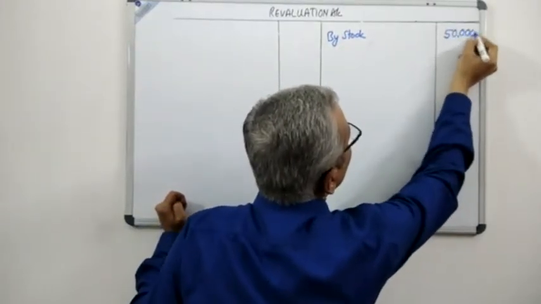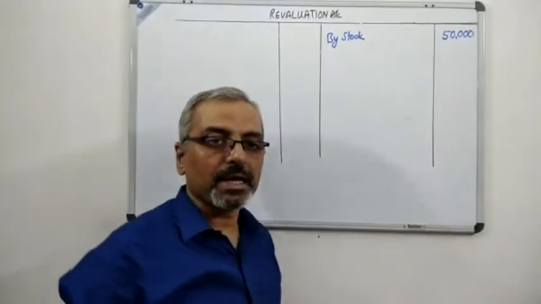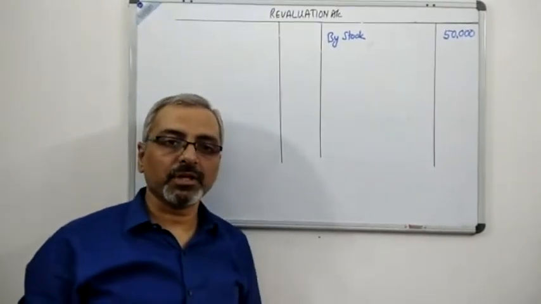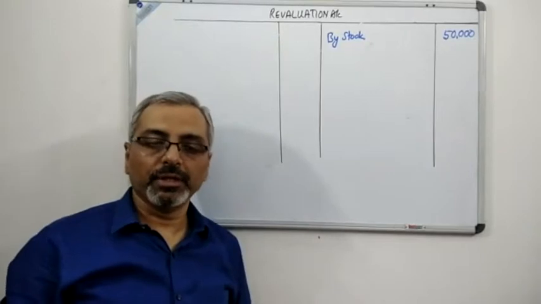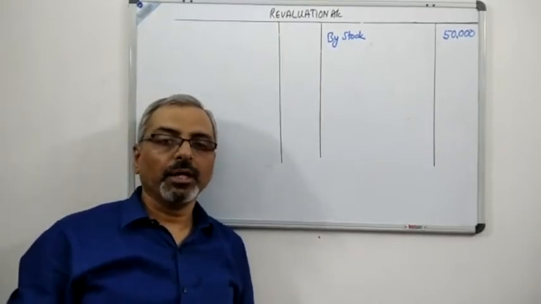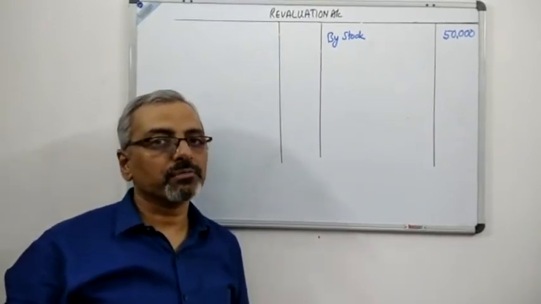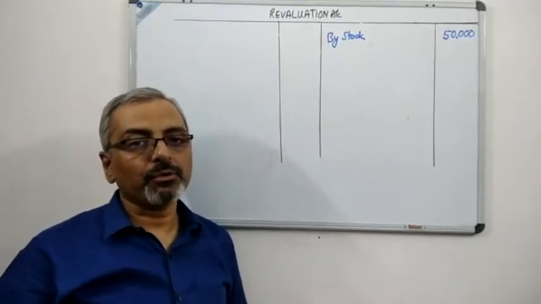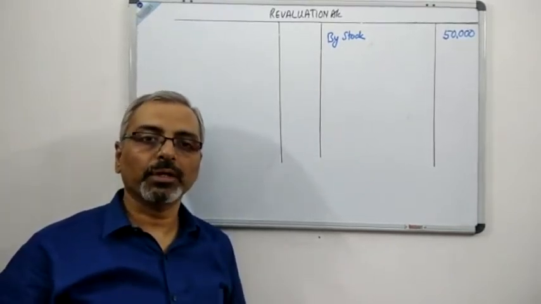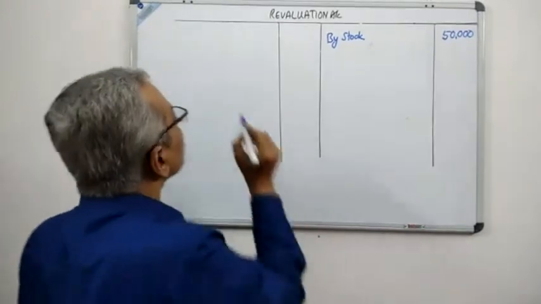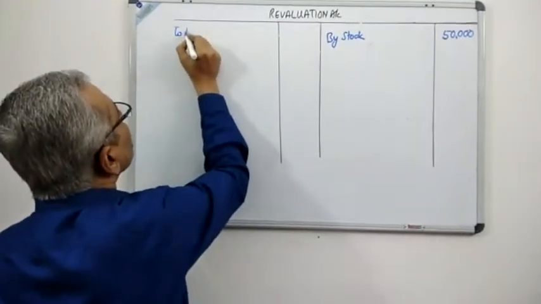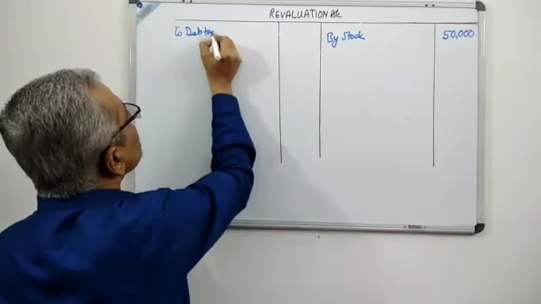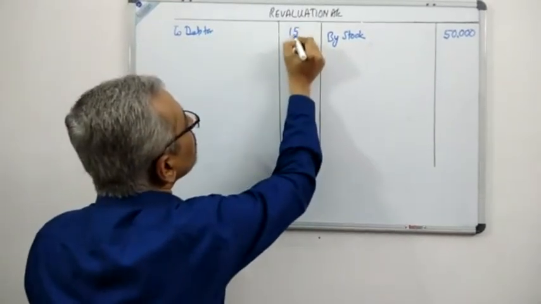The next piece of information states that the value of debtors is going down by 15,000. The value of debtors in the question is given as 1,65,000 and it is revalued to 1,50,000, so it is going down by 15,000. So we are writing down to debtors 15,000.